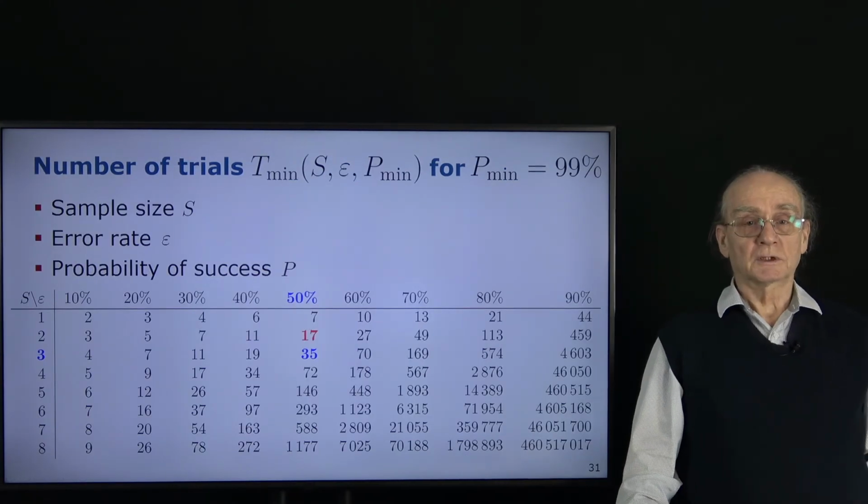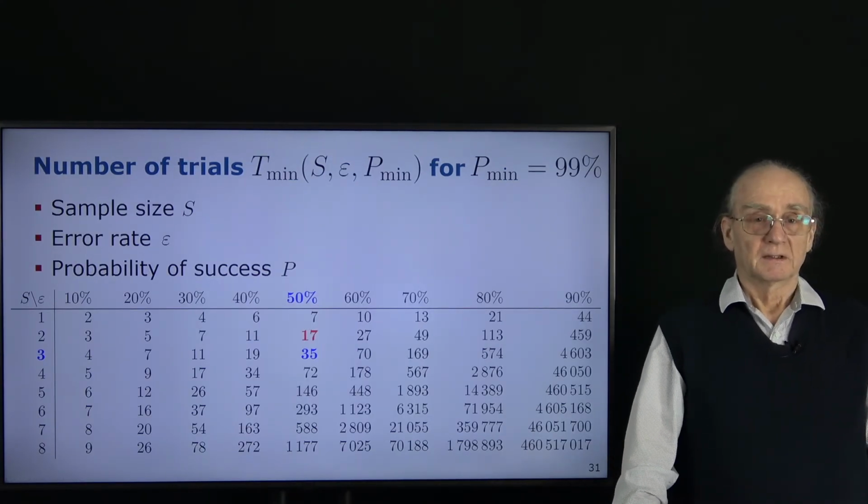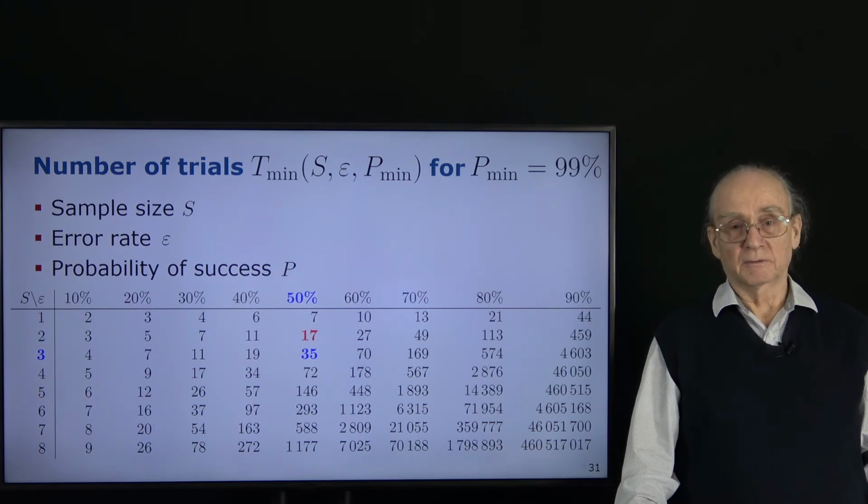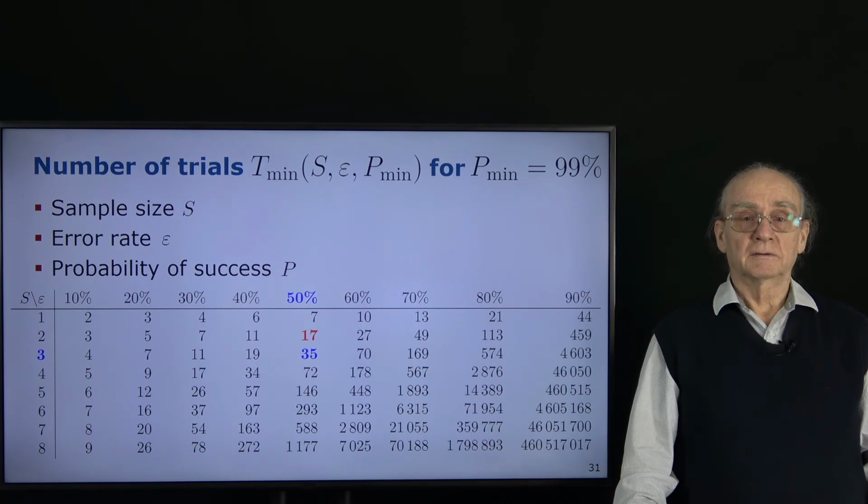So let's have a look at an example. Here in this table you see the minimum number of trials as a function of the sample size, 3 in our case, epsilon, the outlier ratio, and the required minimum probability for getting a solution.